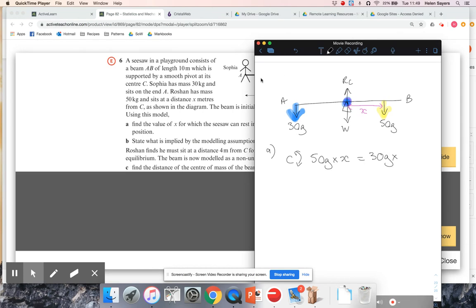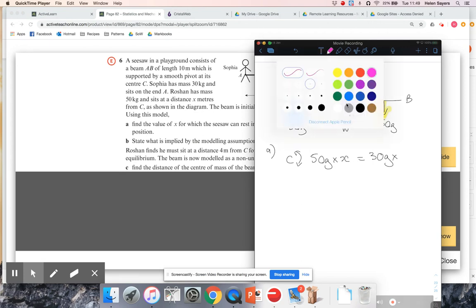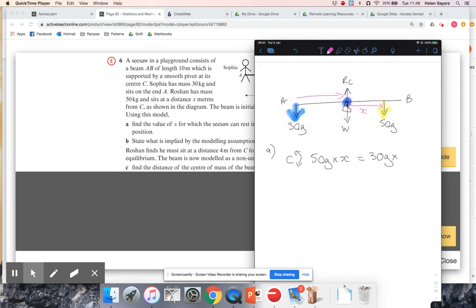And for this bit, we're assuming the pivot is at the centre. So if the whole rod is 10 meters long, that is going to be 5 meters. Okay, so the moment there is going to be 30g times 5.